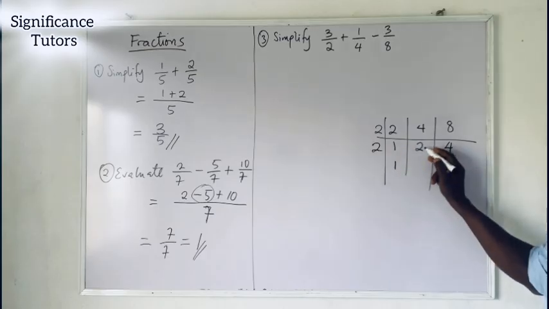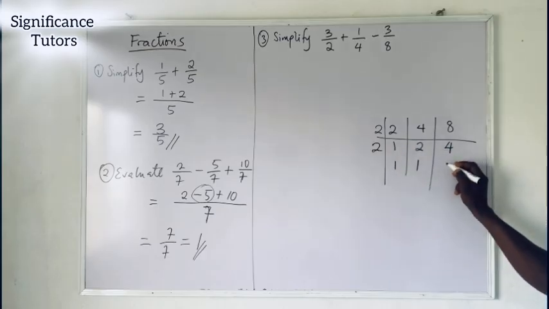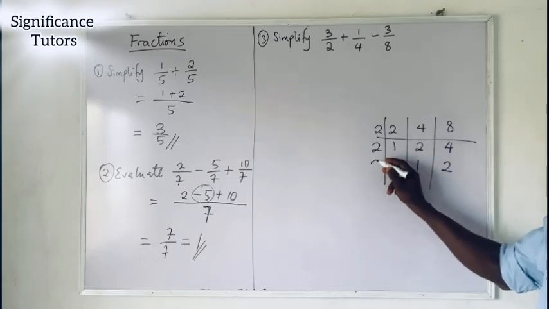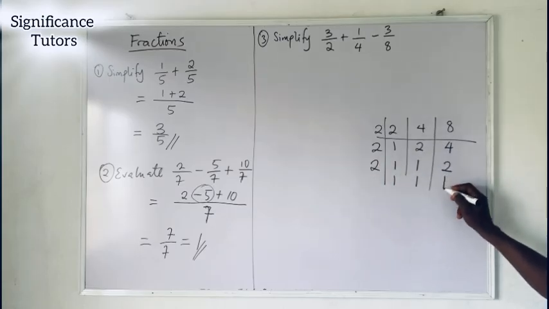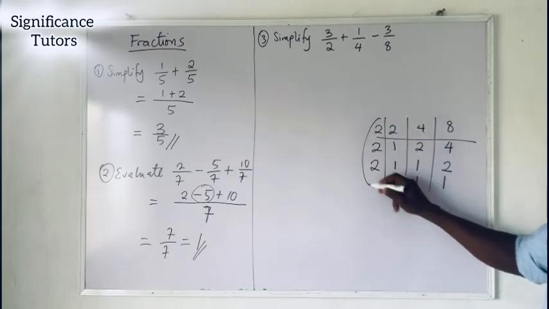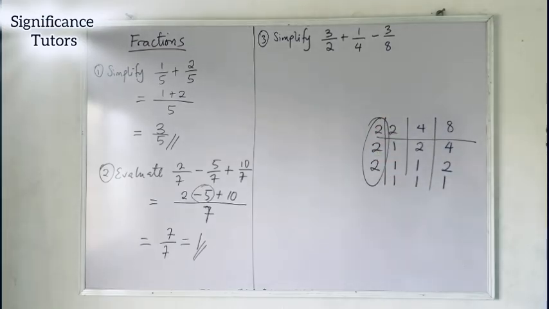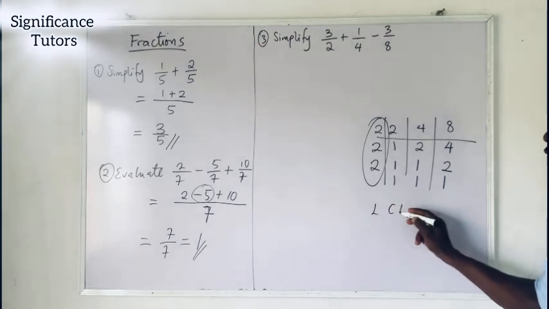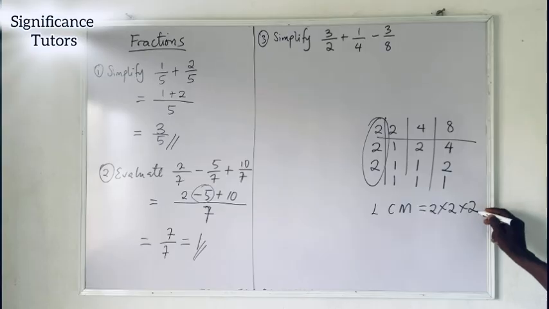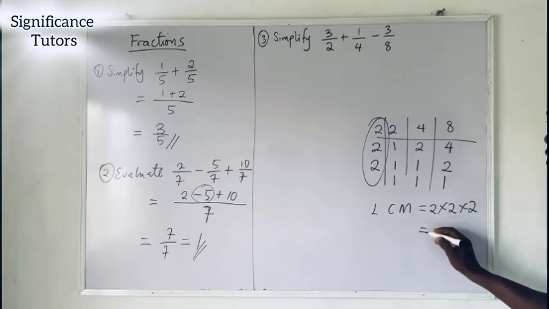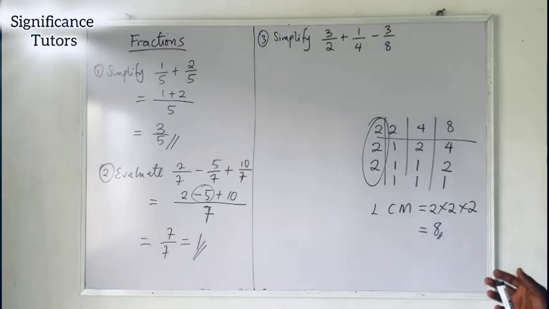This is 1, this is 2. 2 can still go in, so we have 1 again, 1 and 1. When we have 1, we multiply the numbers we used to divide. That is our LCM. In that case, my LCM is 2 times 2 times 2, which is 8. So this is how we find the LCM of different numbers.